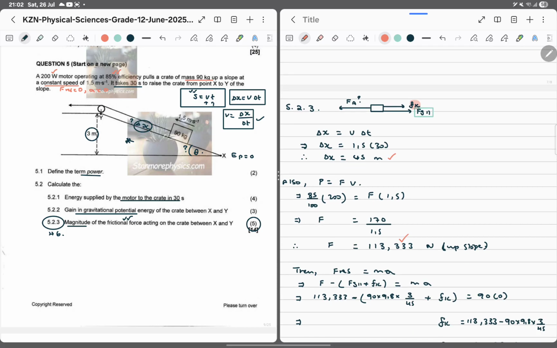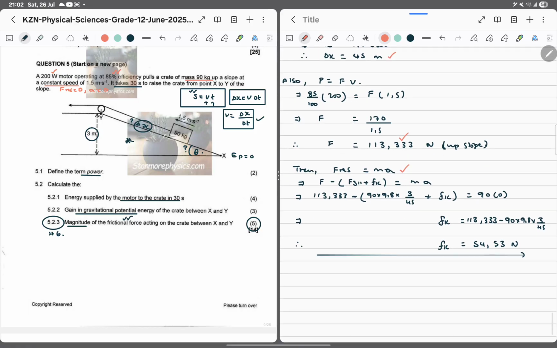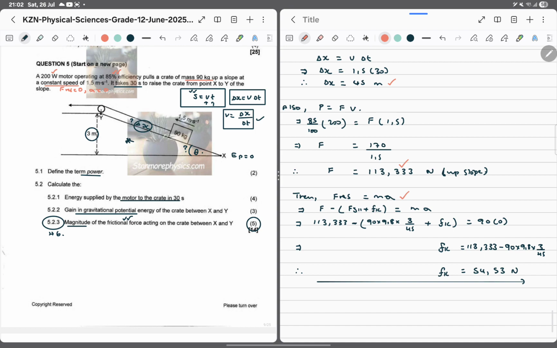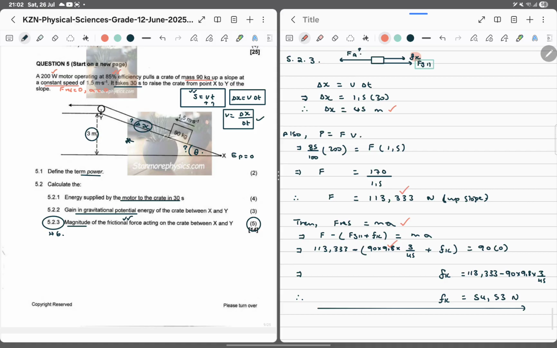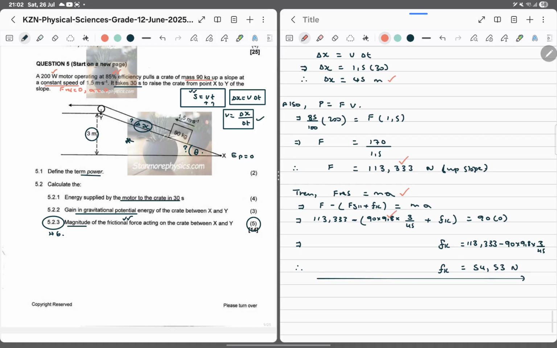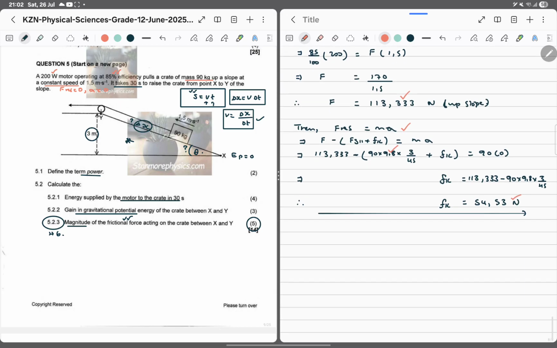Anyway, guys, so I would say this is good. The formula that answers the question, yep. Calculating our FG parallel. Of course, it's a very crazy thing. So 14 marks.